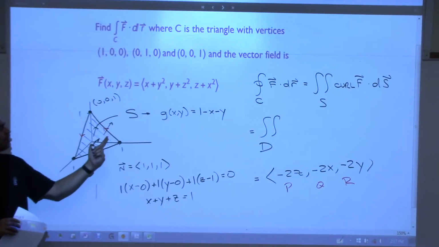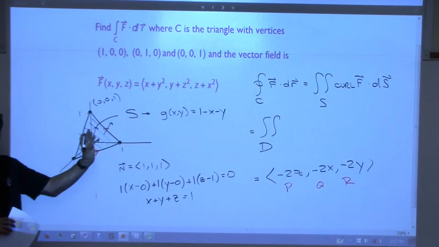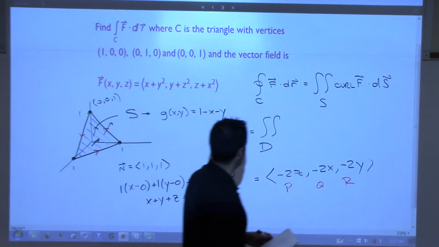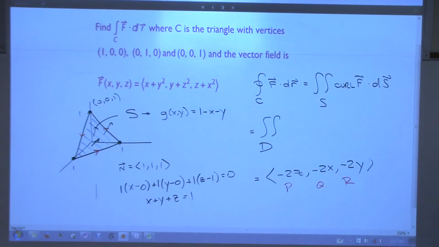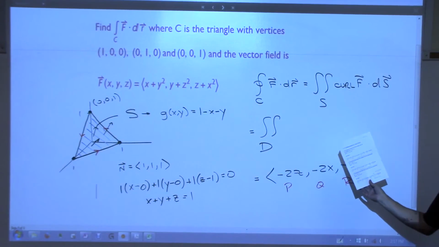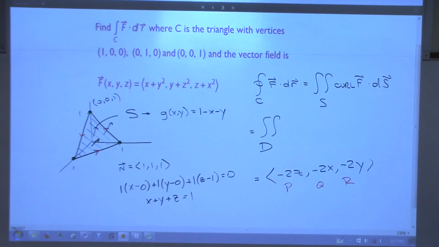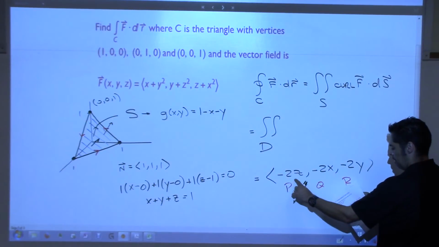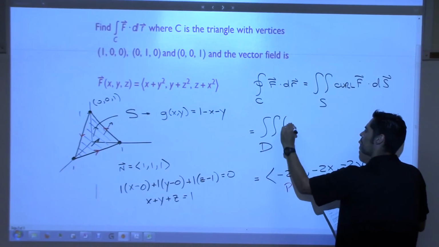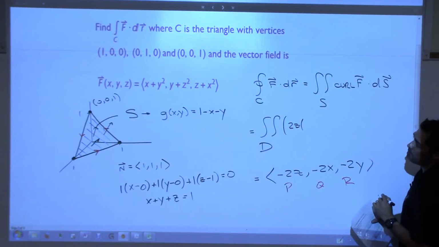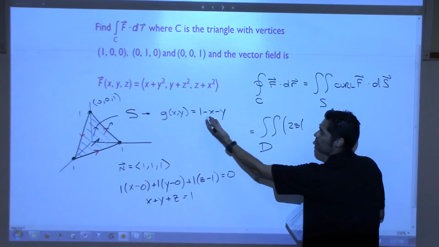The z components of any vector on that plane in that octant are going to be pointed up a little bit. All right, so I'm using the standard formula, which is negative P partial g with respect to x, minus Q partial g with respect to y, plus R dA. So negative P for us would be 2z, but then times the partial of g with respect to x, which would be negative 1.